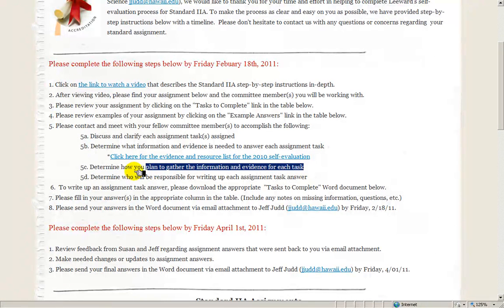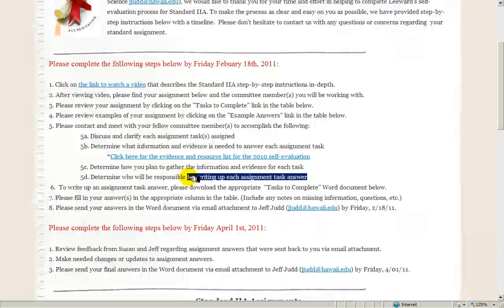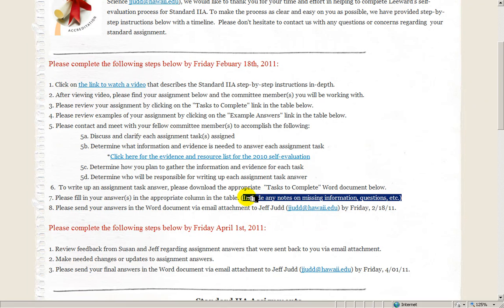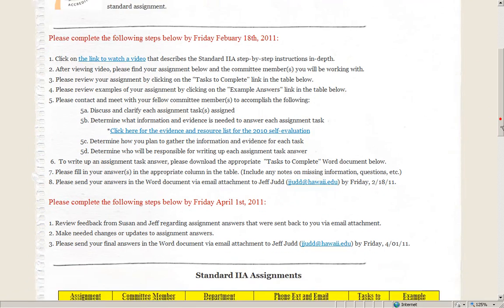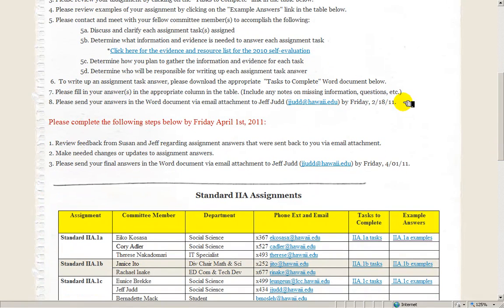And then determine how you plan to gather that information for each task, who's going to write up the answer for each task, and then when you're ready to write up an answer, download the Task to Complete Word document and fill it in for each appropriate column, and include any notes, any problems, any questions you have about the task, and then send that via attachment to Jeff Judd by Friday, 2/18/11.